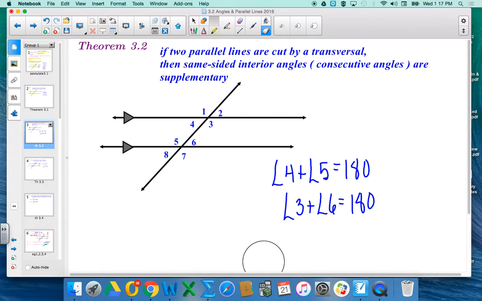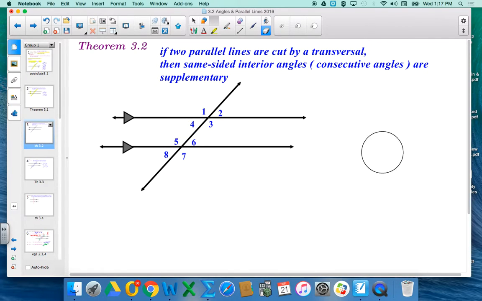Next, we have two parallel lines cut by a transversal and same-sided interior angles, which are also called consecutive, supplementary, meaning they add up to 180 degrees.